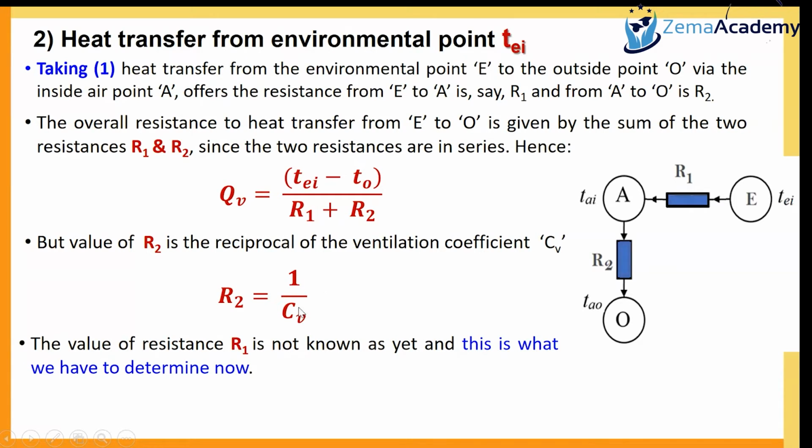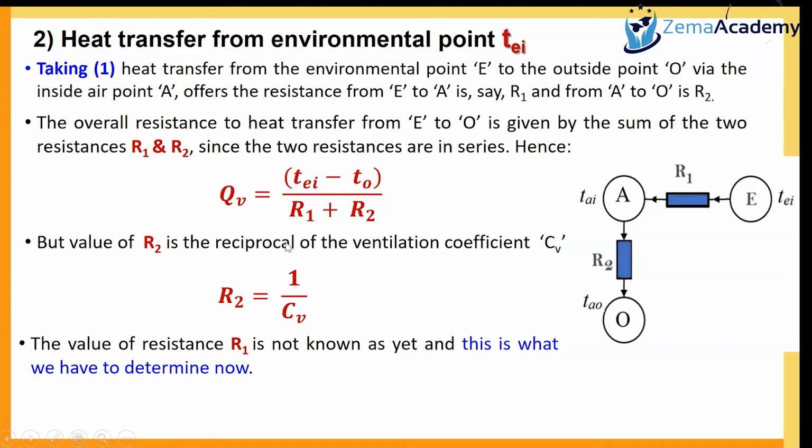Now, if I replace this CV over here, this equation will become QV equals delta T divided by 1 over CV. What is left in this equation is the value of R1. So R2, which is 1 over CV, we have determined, and what we need to determine is this value R1.